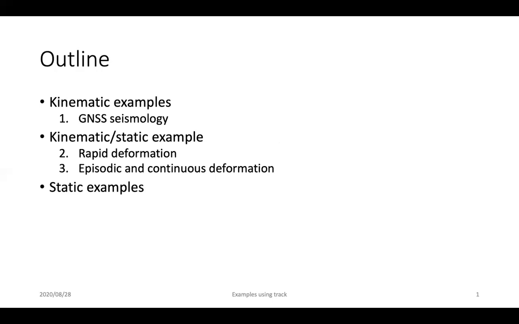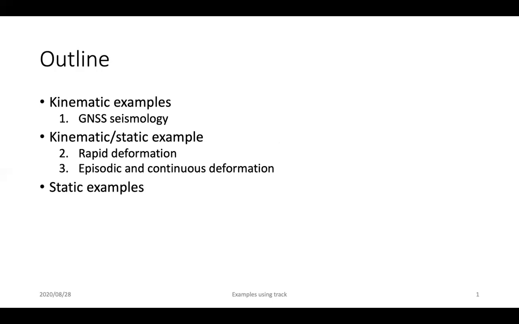In the kinematic static example, we'll look at some rapid deformation where a site is static, moves, becomes static again, and moves again. And then also another example of episodic and continuous deformation.